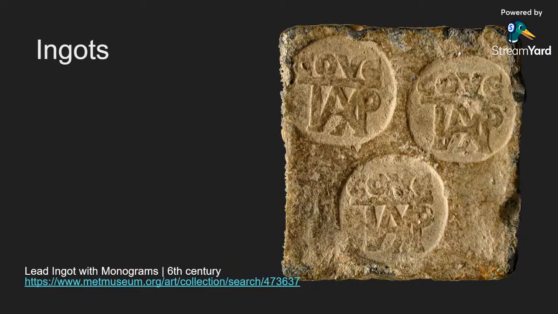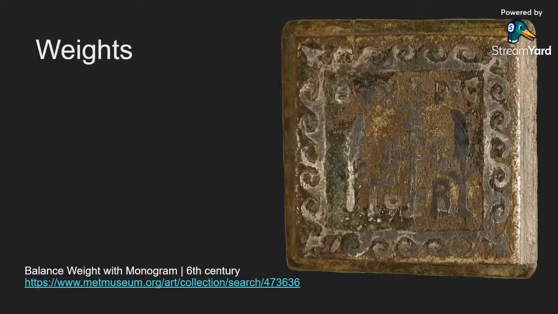Same goes for ingots. As you can see here, there are three different, or better, they're the same. So we have three monograms reading Eparchos Polios, like the prefect of the city. And again, this was not made to be read; this was made to be used. And also weights.